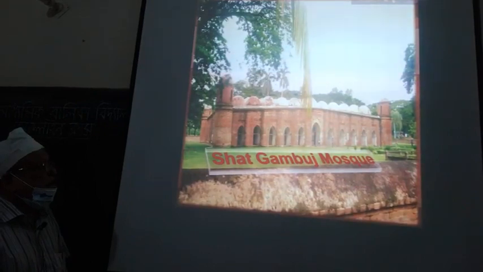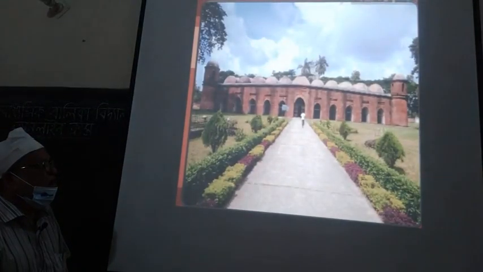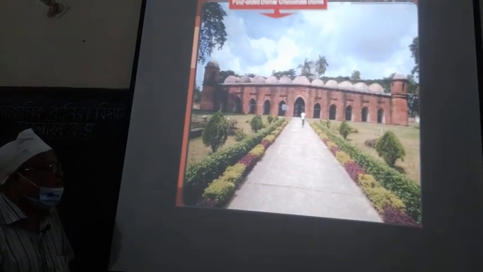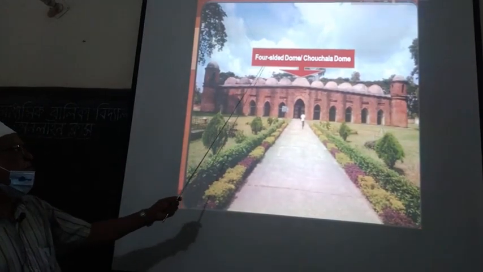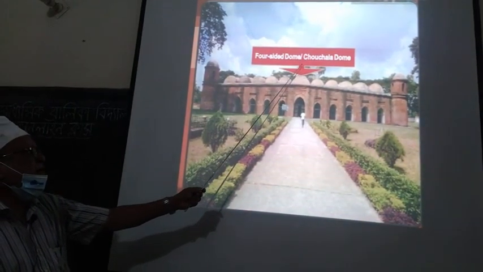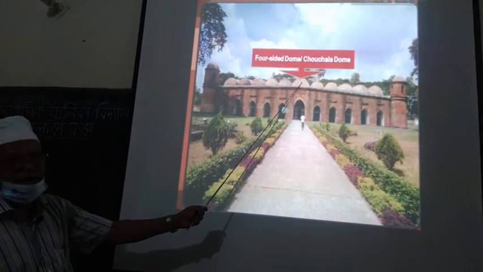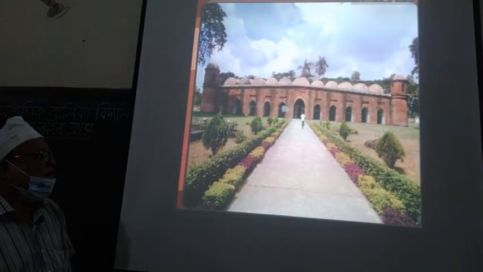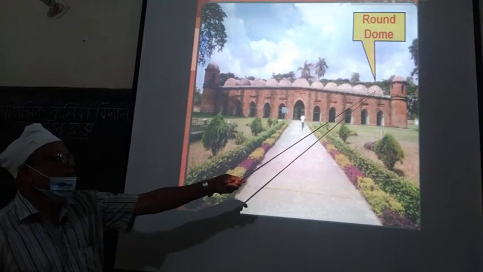Shat Gumbaz Mosque. The front side of this mosque and the four-sided dome, Sausala dome. This is Sausala dome. Next, this is down dome.